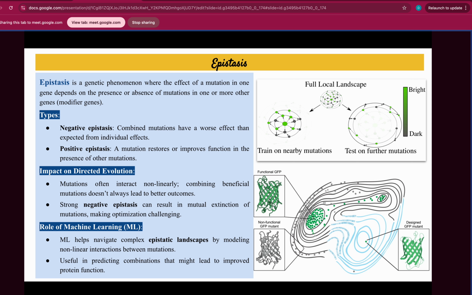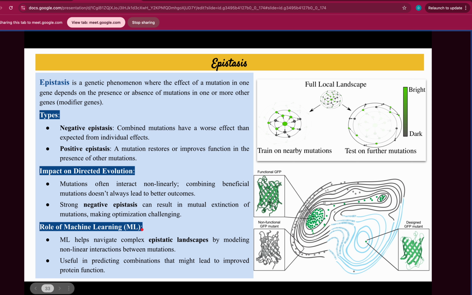The reason could be that some other mutation is lying in another protein, due to which this mutation is not showing its effect. So those two mutations could be linked. That's why in directed evolution we must see whether the mutation we are bringing has some epistatic partner or not. That is the impact of epistasis on protein mutations.